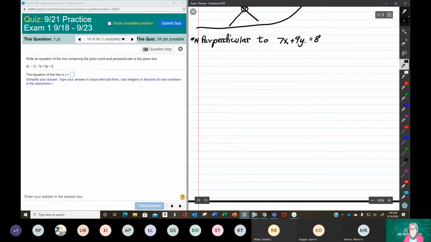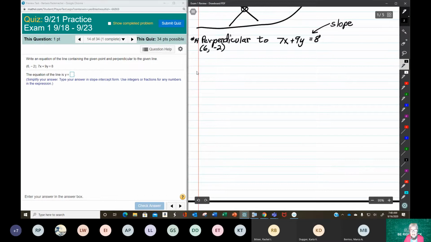Okay, now you use this equation, which is called the given equation. You use this to find the slope of this line, and that's what we're going to do right now. Okay, and this perpendicular line is going to go through 6, -2.